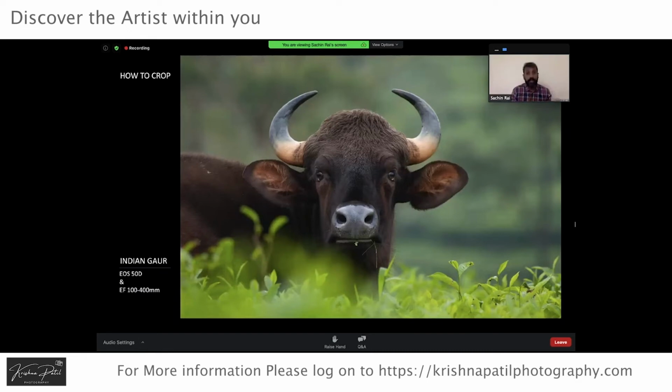So you retain only 35 to 40% so that you're telling the viewer that I intentionally cut it. I have not done it accidentally. A lot of times what happens is people will take away only the tail or only the hind leg of the animal. That is not good. So you have to ensure that you incorporate the entire animal or say 30 to 35%, which is something that ideally in wildlife we do.